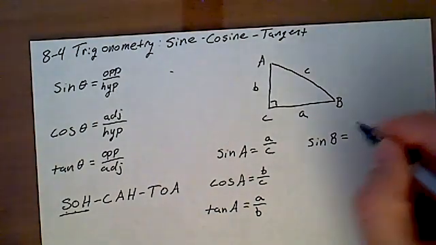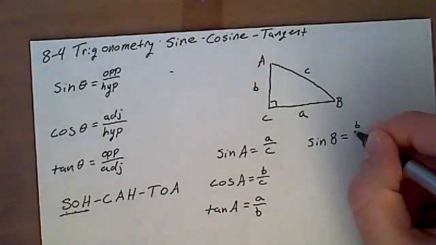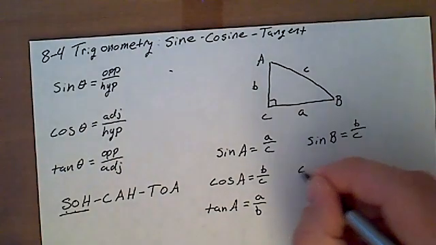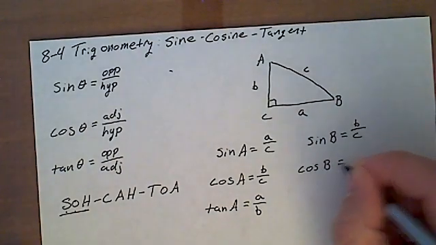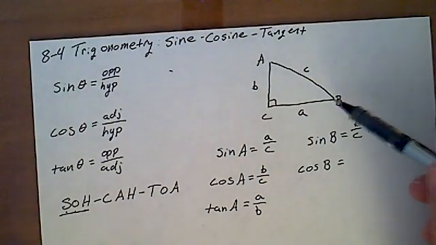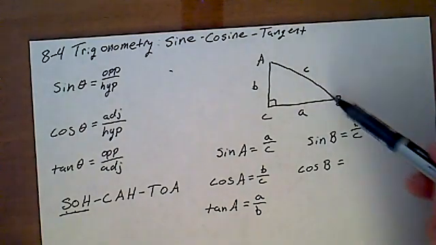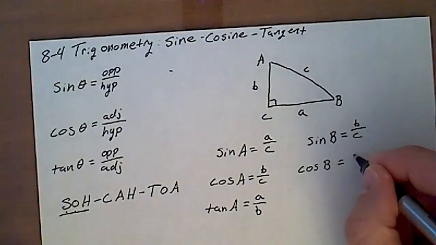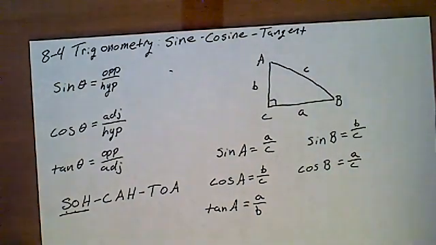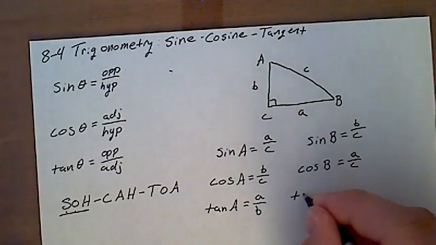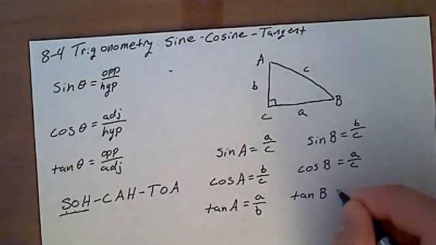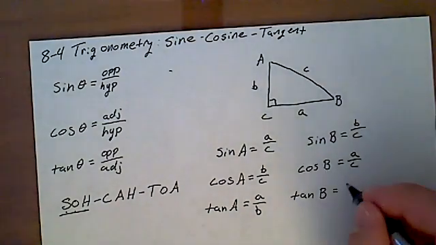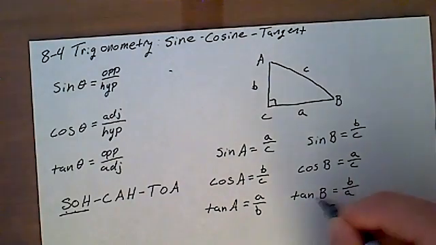The side opposite angle B is side B over the hypotenuse, which is C. The cosine of B, this is the adjacent. Again, A and C make up angle B, but C is the hypotenuse. So A is the adjacent side. And then the tangent of B is the opposite, which is B, over the adjacent to B, which is A.